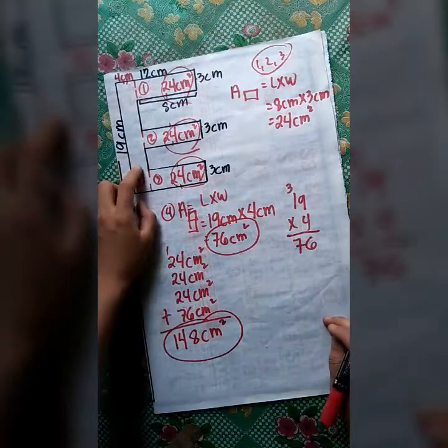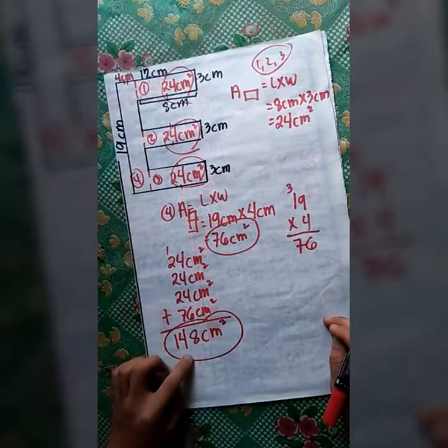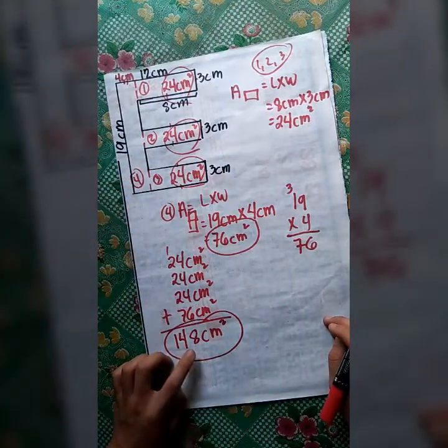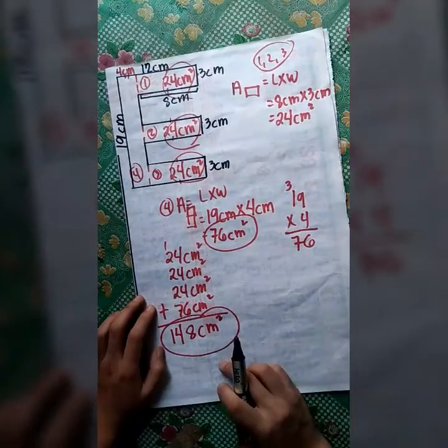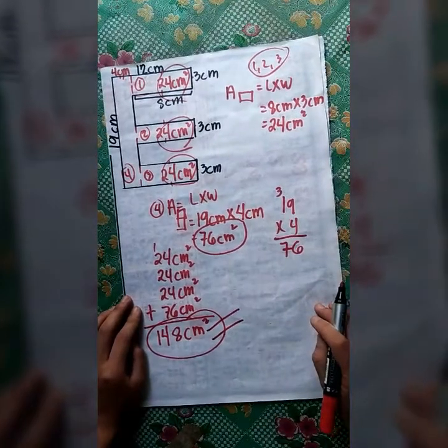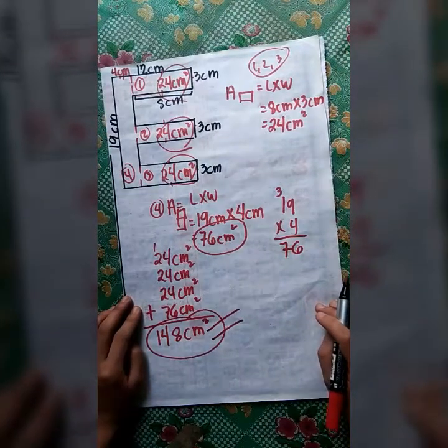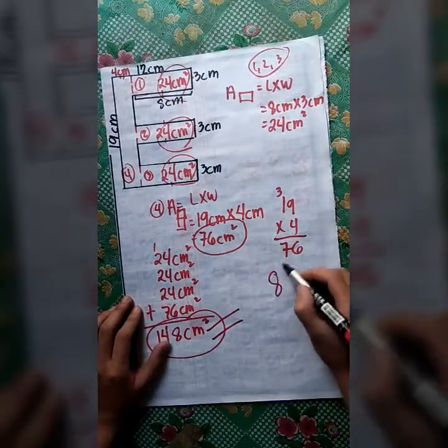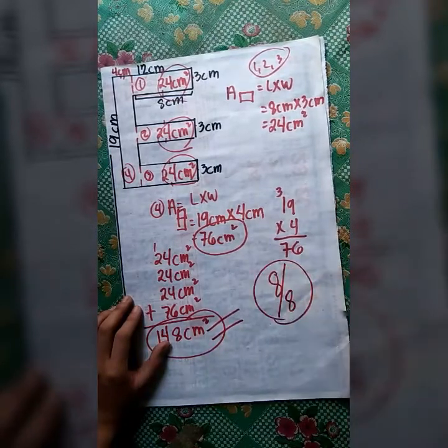Therefore, the area of this composite figure is 148 centimeters squared. If your answer is 148 centimeters squared, give yourself 2 points. Therefore, your practice activity overall, that is 8/8 points.